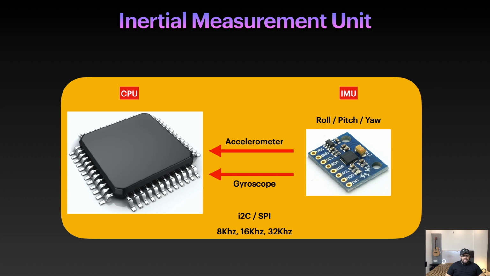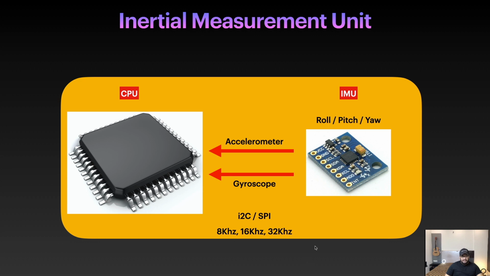And the data rate at which they can send data is, let's say, 8 kilohertz, 16 kilohertz, 32 kilohertz. That means it's sending 32 times 10 raised to the power 3, so 32,000 values per second. That is how much data it's sending in 1 second, 32,000 different values of yaw, pitch and roll. So you can imagine a lot of data and a lot of computation is required.